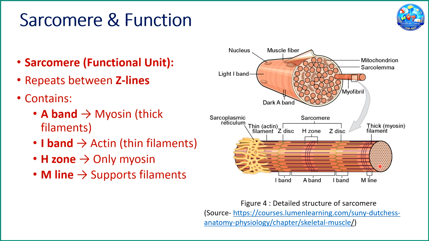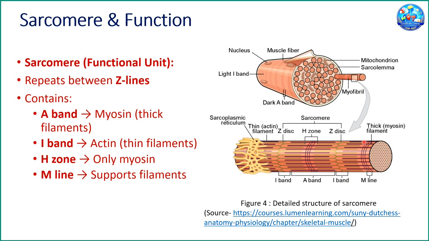And this is the I band, which you can see, which is lighter. It contains thin filaments made up of actin. While the central zone, we call it the H zone, consists of only myosin filaments. We also have the M line.